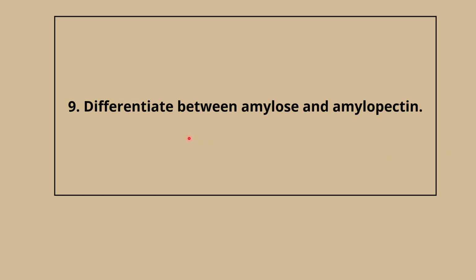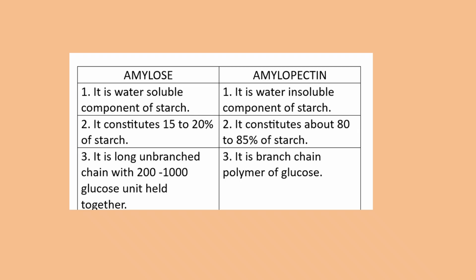Next is: differentiate between amylose and amylopectin. We just discussed starch. Starch consists of amylose as well as amylopectin. It has been asked many years. First, amylose is the water soluble component of starch, whereas amylopectin is the water insoluble component of starch.